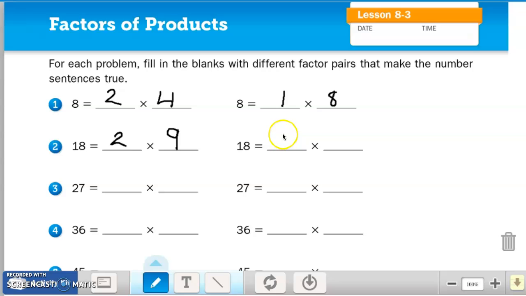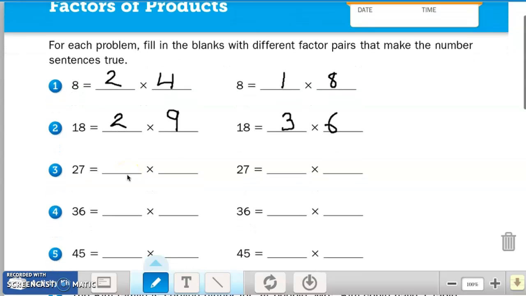There's also 3 times 6, which is also 18. This is why it's important for you to be practicing your multiplication so that you know this. 6 plus 6 plus 6 is 18, so adding 6 three times equals 18. So 6, 3, 9, and 2 are all factors of 18.